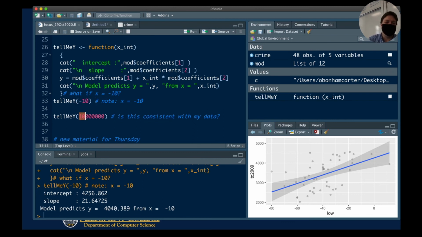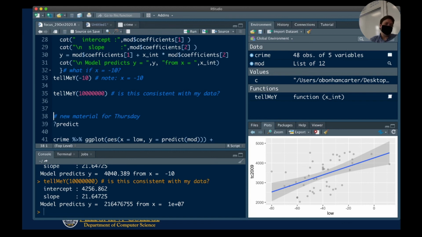Now, another thing I must tell you is that while it's perfectly mathematically correct to put in the value of whatever, some enormous 10 million, if I put 10 million in here, mathematically it's possible to produce a value from your model, but it may mean nothing because the model has constraints.